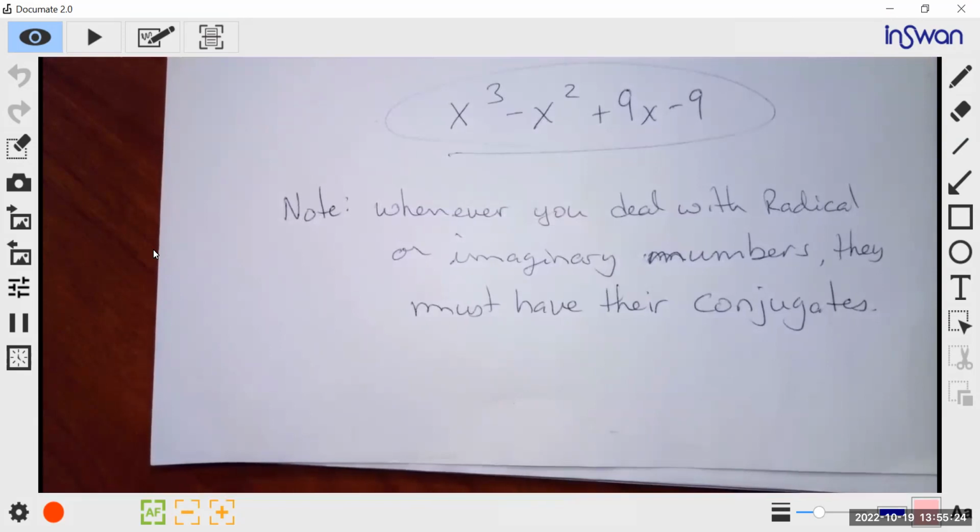Whenever you deal with imaginary or radicals, you have to have their conjugates. You have to include their conjugates.